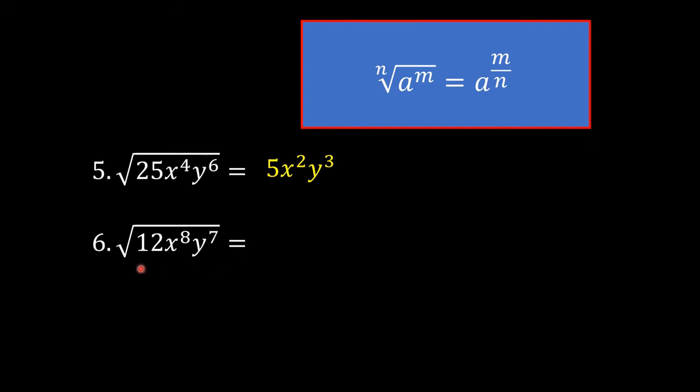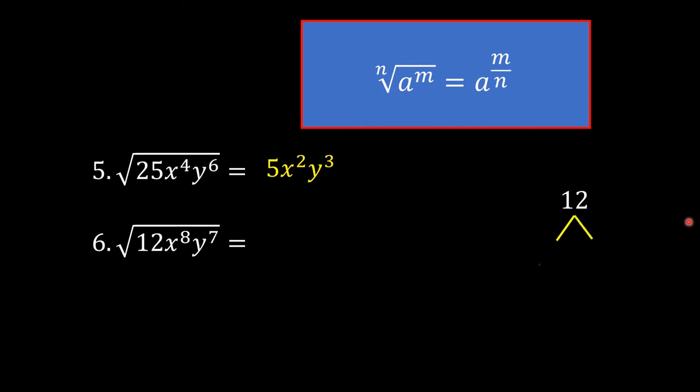Number 6. The square root of 12x raised to the exponent of 8, y raised to the exponent of 7. The square root of 12 is not exact. So try to factor 12 into two factors such that one of the two factors is a perfect square integer.